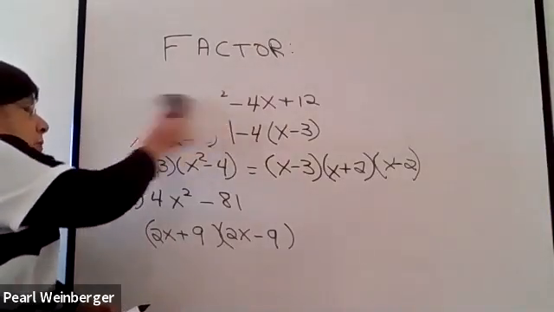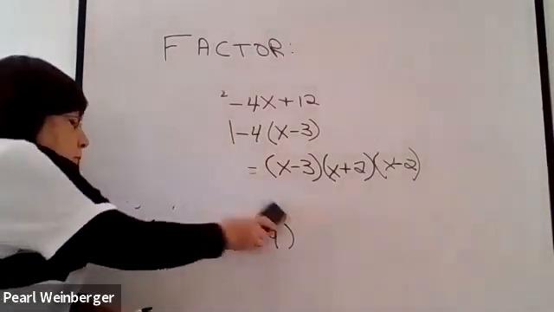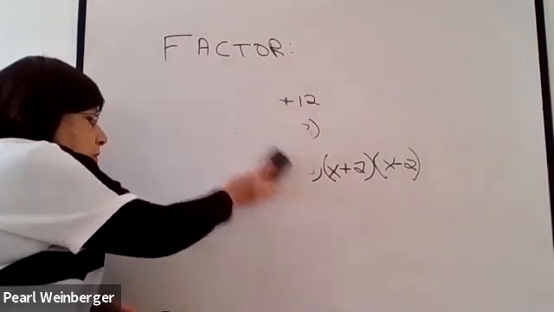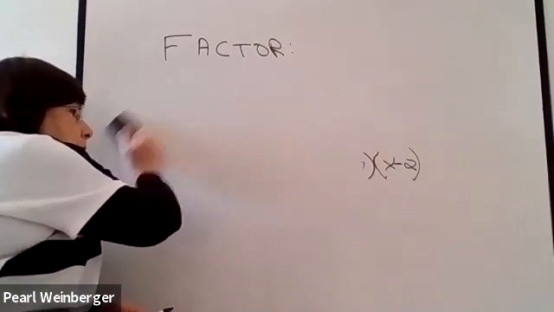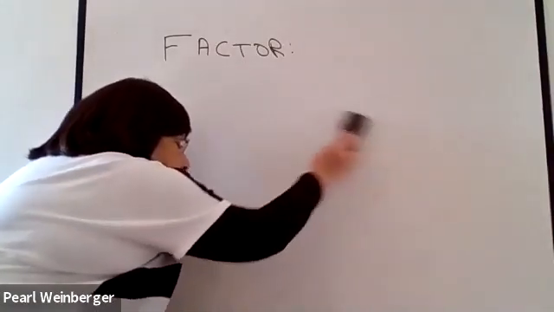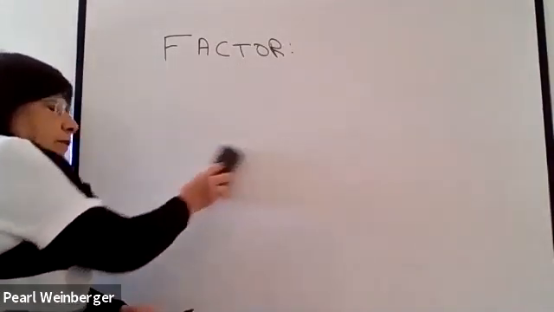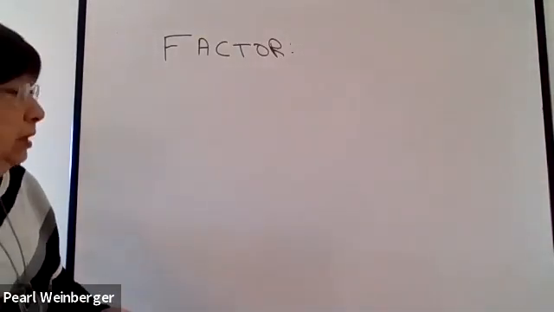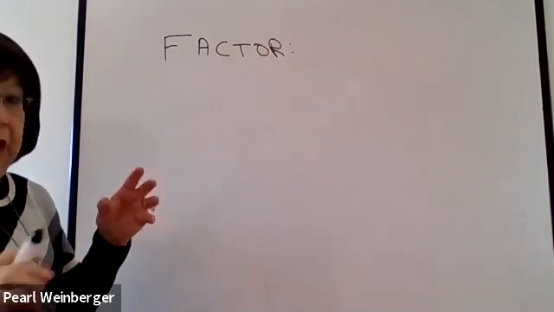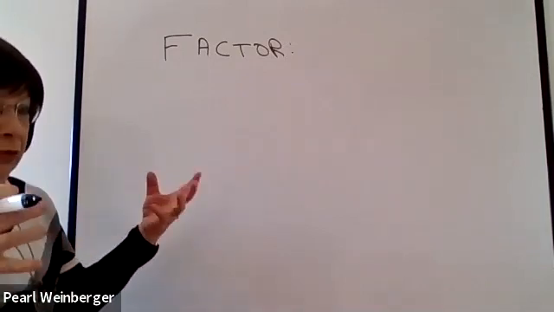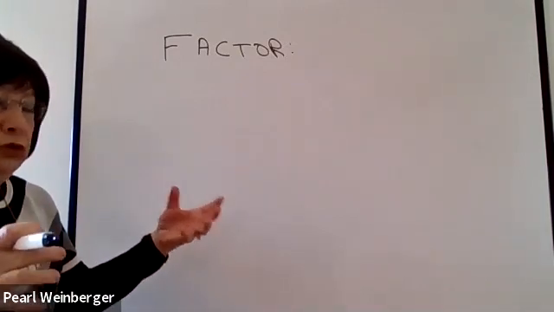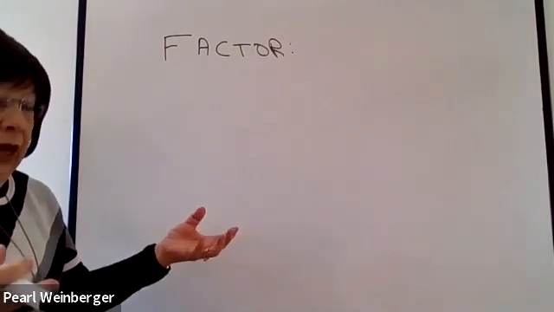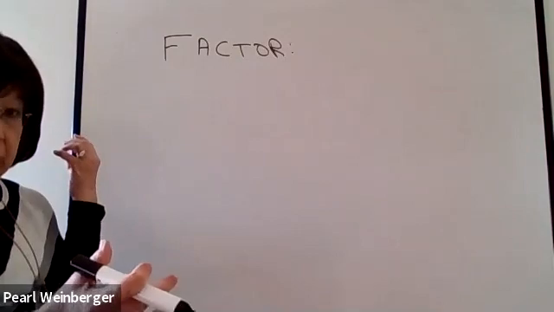Okay, so I want to concentrate for the rest of today on factoring of trinomials, because those are the most common type of factoring that you have to do. And we started talking about it on Tuesday, how really the way we get a trinomial is usually when we multiply two binomials and we get four terms.